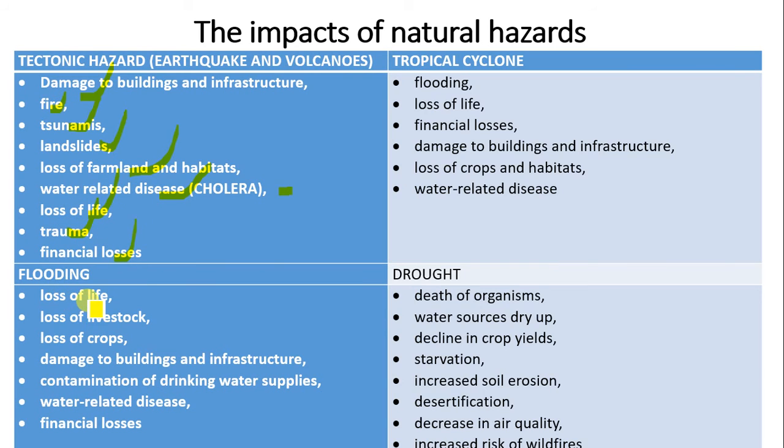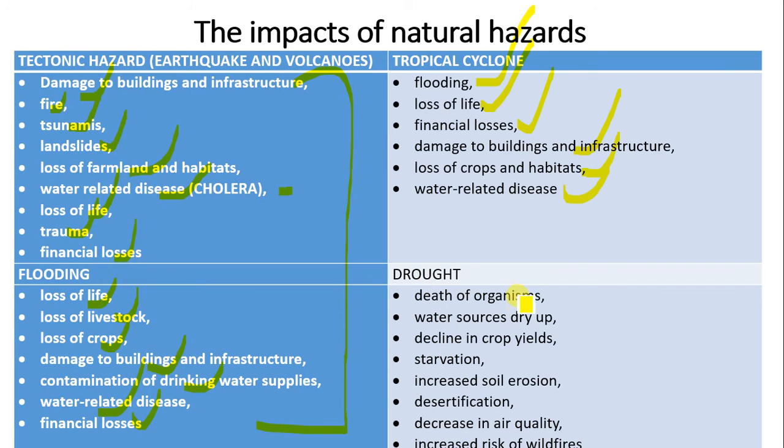While flooding can also lead to loss of life, loss of livestock, loss of crops, damage to buildings and infrastructure, contamination of water, water-related disease, and financial loss. You see, their impacts are similar. So if you just remember one, you should be able to answer the impact for all of them. In the case of tropical cyclone, it can lead to flooding, loss of life, financial losses, damage to buildings and infrastructure, loss of crops and habitats, water-related diseases.